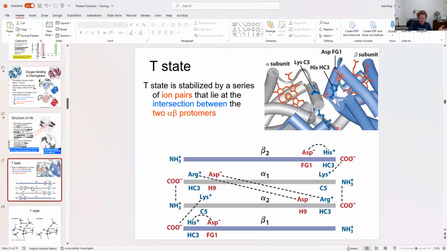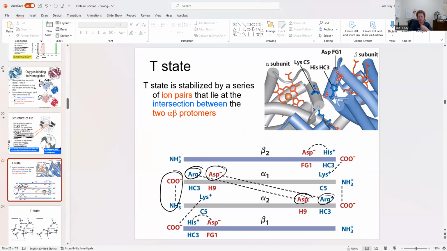Now, this provides a little bit more context and detail for some of the interactions taking place within the T state. The T state, the deoxygenated form, is stabilized by a series of ion pairs that lie at the intersection between the alpha beta protomers. So those two components come together to make the complex as a whole. This is showing us the specific amino acids: arginine and aspartic acid interact, and arginine and aspartic acid on this combination interact.